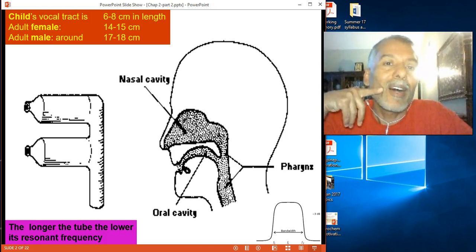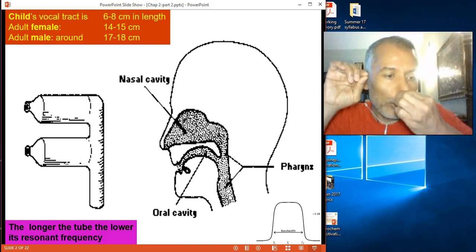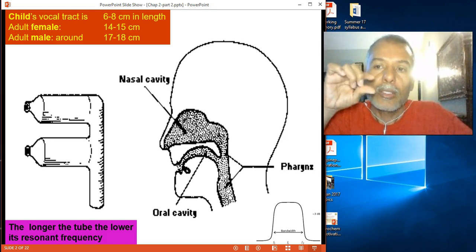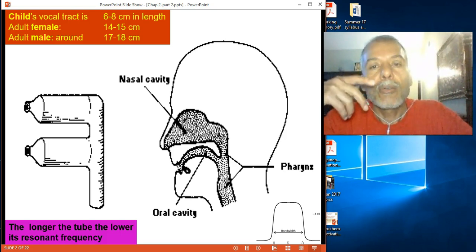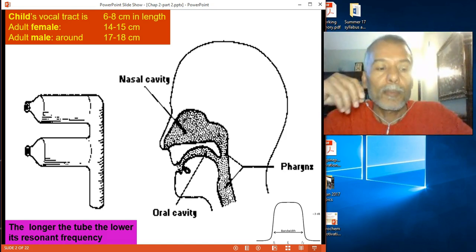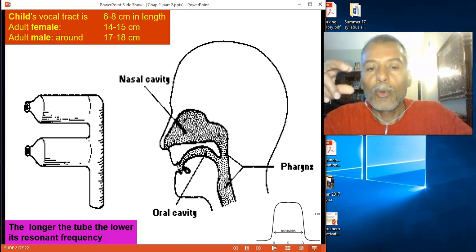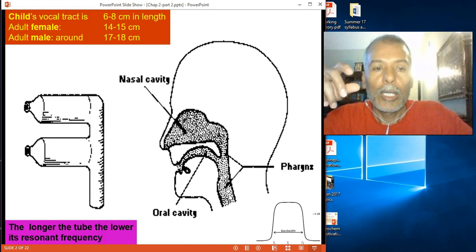It wouldn't amplify just anything that goes through it because it has a restricted range. If you are not close to the natural frequency of that tube, you have no chance of being amplified. On the other side, the more irregular the shape of a tube is, the greater the bandwidth. In other words, if something is more irregular, it will be more broadly tuned.